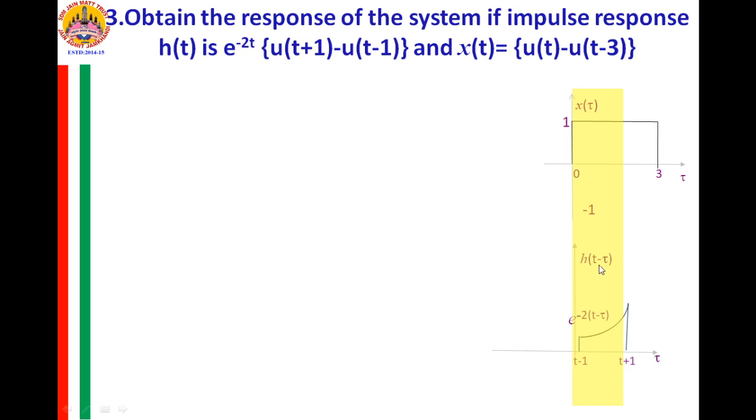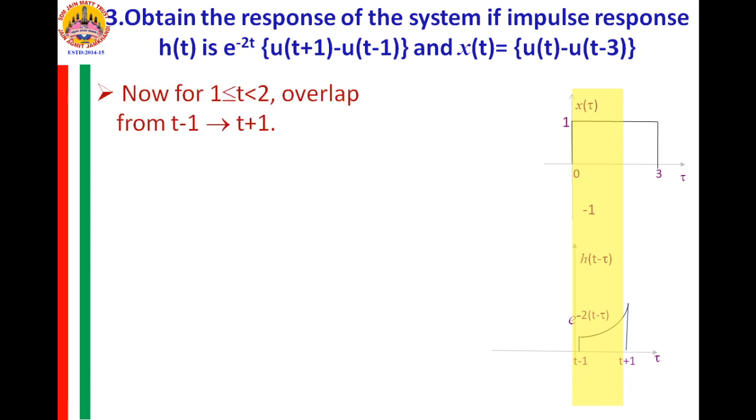So when t is equal to 2, this entire duration overlaps till we reach here at t equal to 3. Up till that, these two overlap, the entire width will overlap on each other.